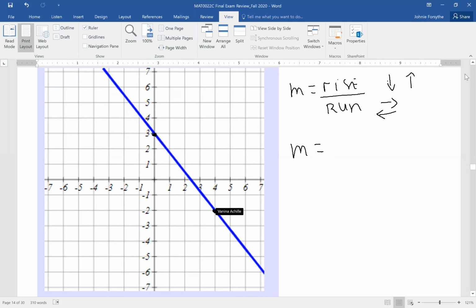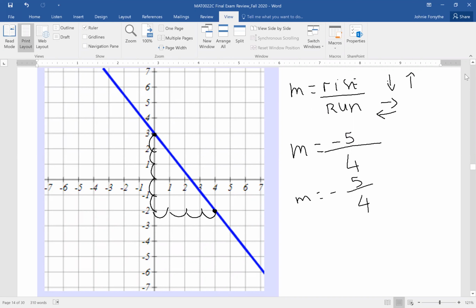So I went 1, 2, 3, 4, 5 down. So that's -5. And then I went 1, 2, 3, 4 over. So my slope is -5 over 4.